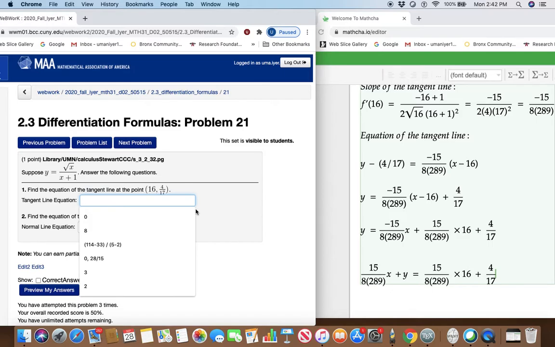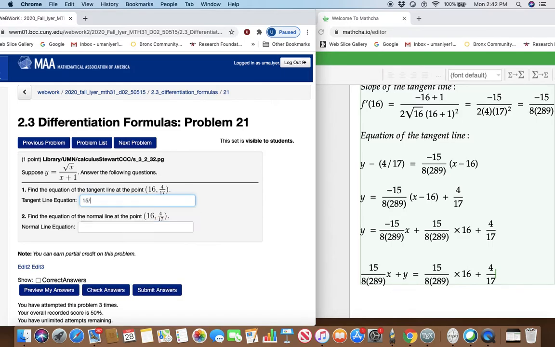Numerator 15, over a denominator of 8 times 289, that number times x, plus y equals 15 over 8 times 289, that's the denominator, so I close off the parenthesis, times 16 plus 4 over 17.